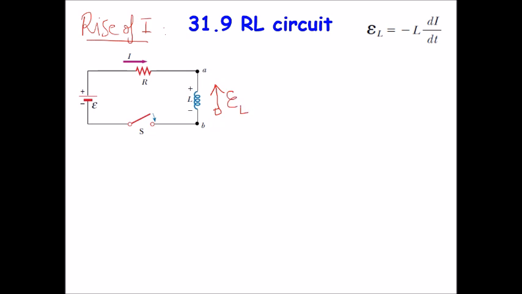Let's think about this formula, EL equals minus L di over dt. Where does it come from? It comes from Faraday's law. But what did we say about the meaning of the minus sign in Faraday's law? The minus sign just comes from Lenz's law. It tells you the direction of the EMF.